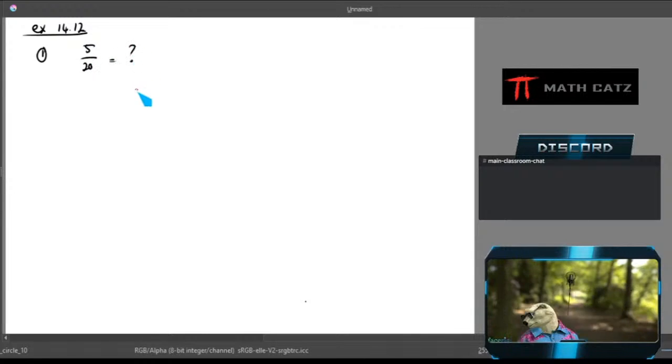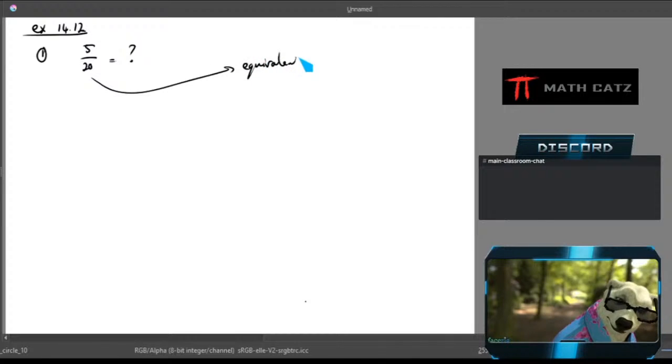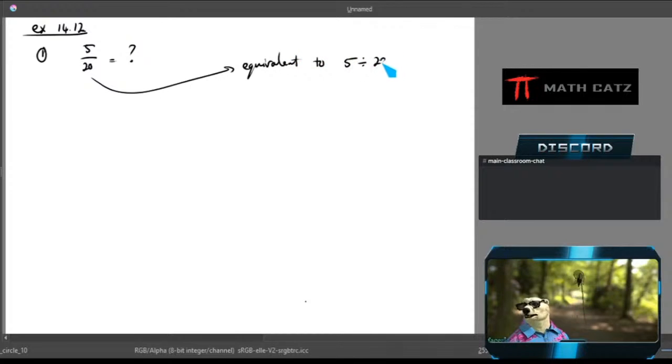We have 5/20ths. What is that? We're not changing the quantity that it represents, we're changing the representation. This we saw with our division last time, that this is really equivalent to 5 divided by 20.